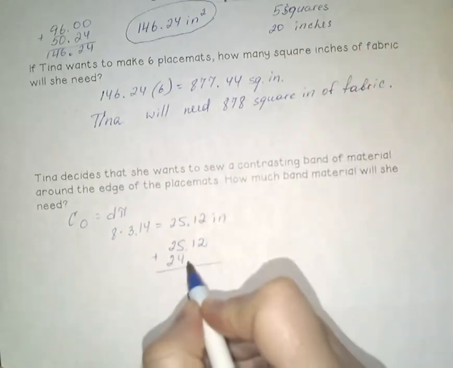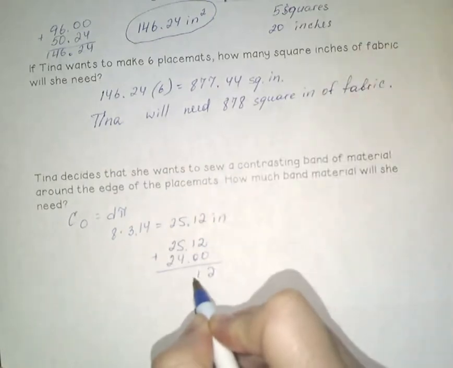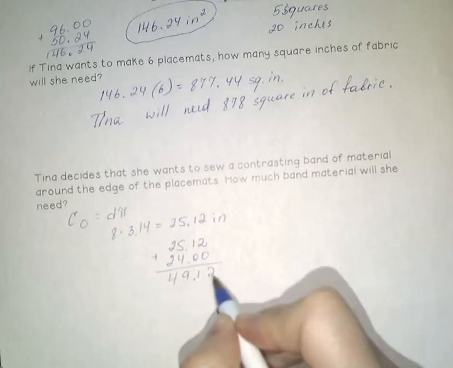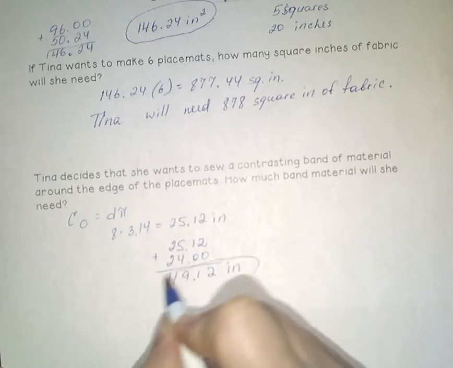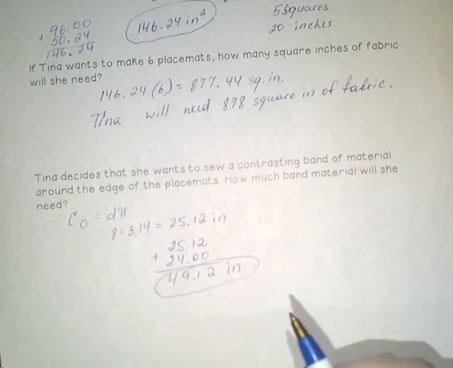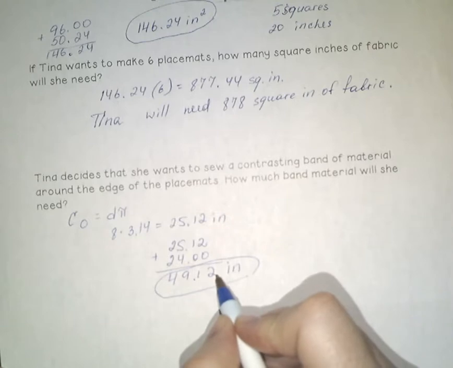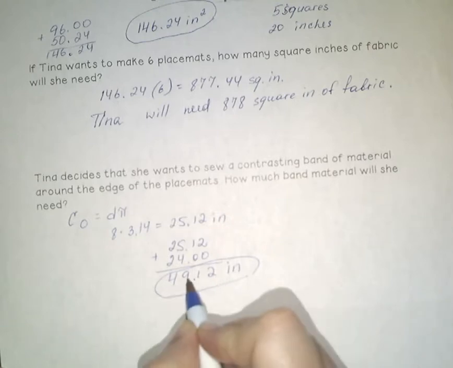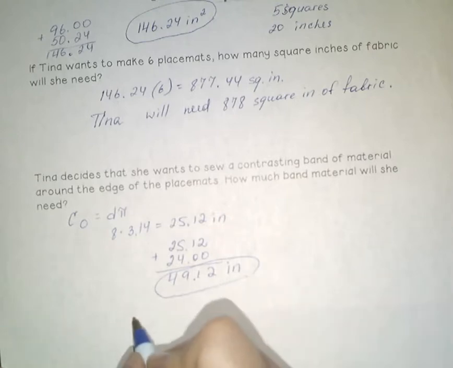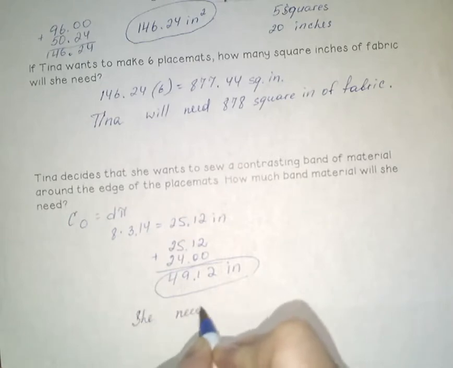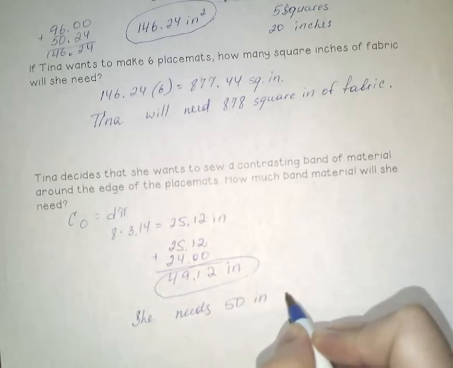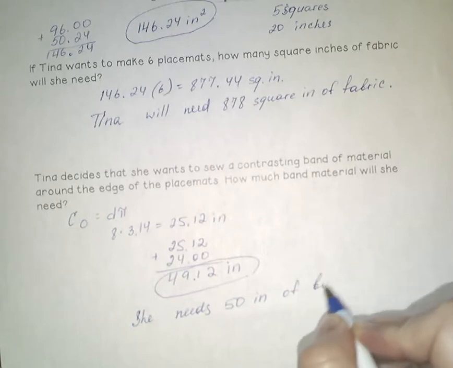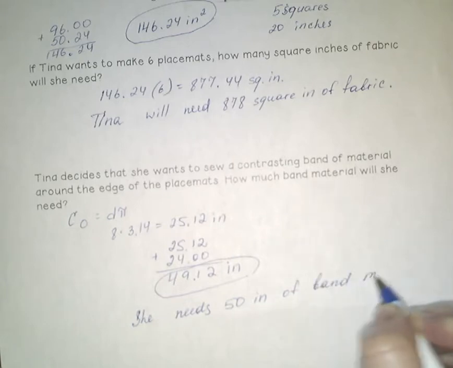And that will give us 49.12 inches. Okay, we can't buy 12 hundredths, so we will need all 50 inches. She needs 50 inches of band material.